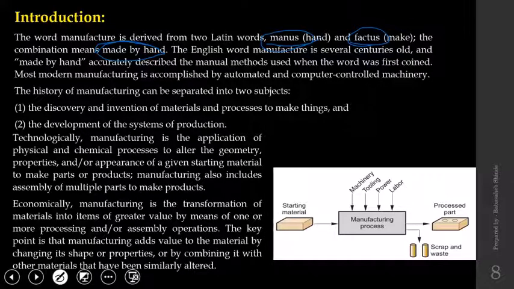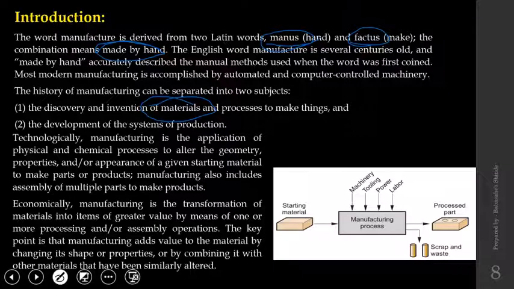Okay. Now, if you look at the history of this manufacturing, there are two major things that we need to think of. The first one is discovery of the materials. We know that the development of the human era we can split into material ages like stone age, then copper and bronze age, then steel age, then ceramic, and likewise, right?